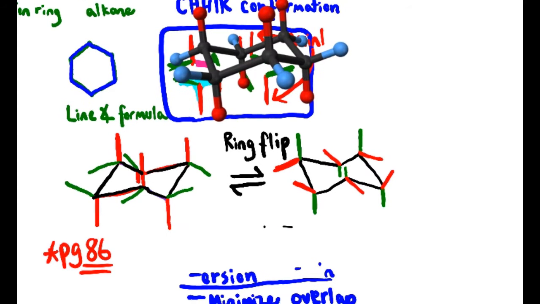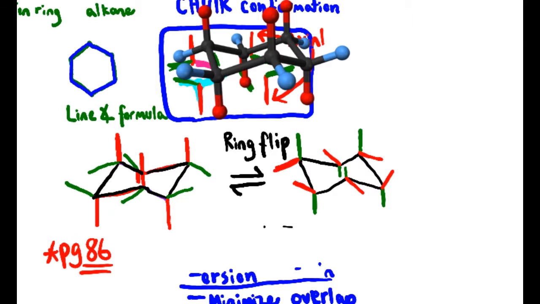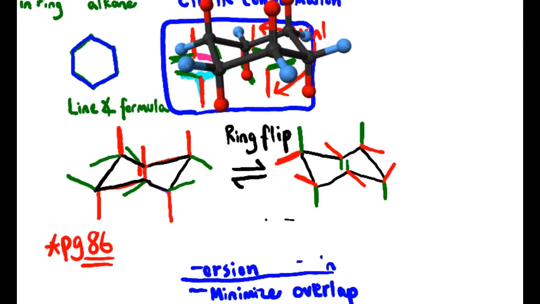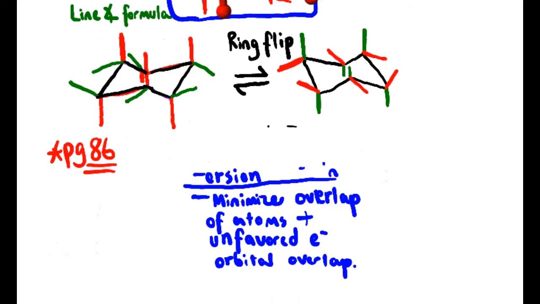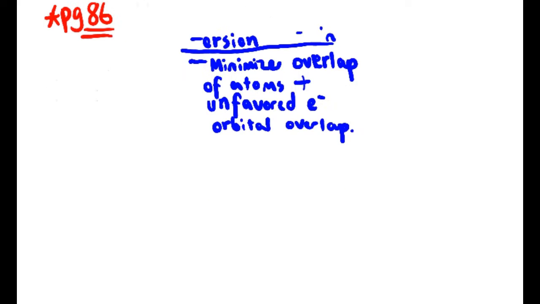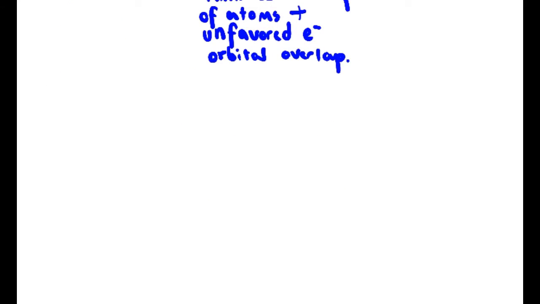And we can take another look at this concept of ring flipping and all the axial groups becoming equatorial and equatorial groups becoming axial by taking a quick look at this image, which will hopefully illustrate to you what I was just showing in that previous illustration.